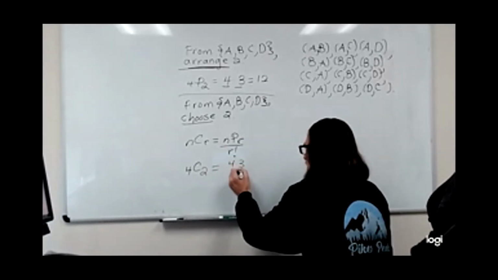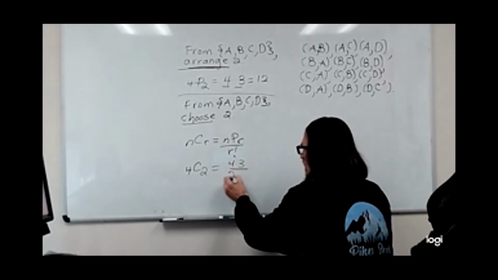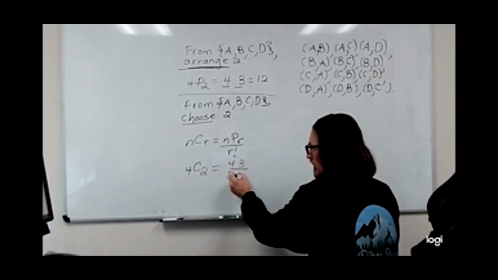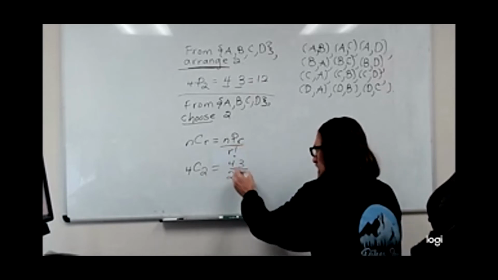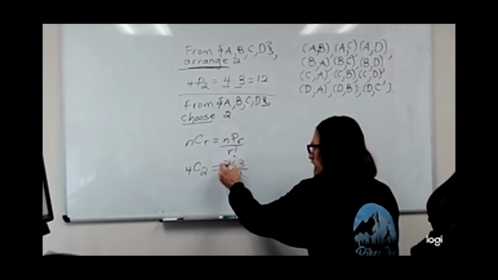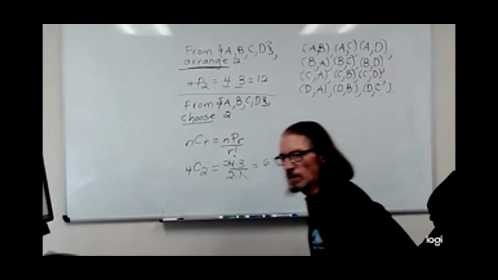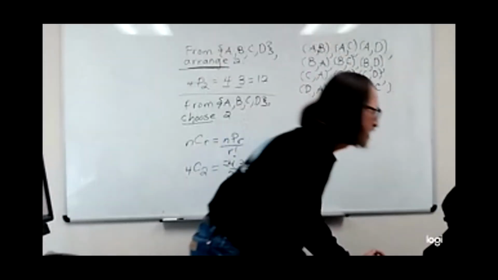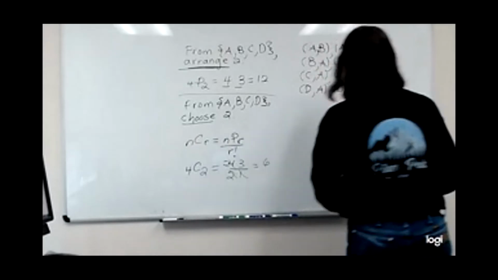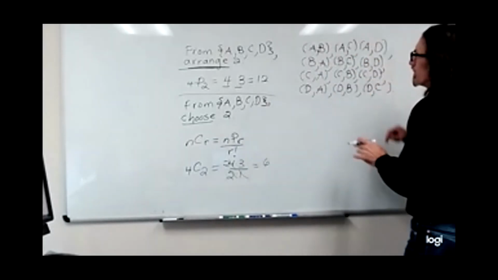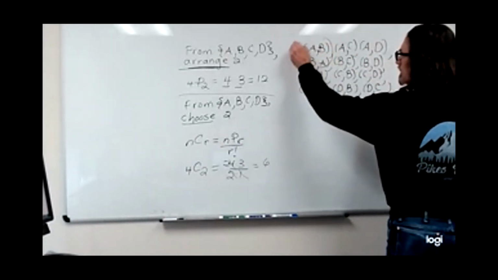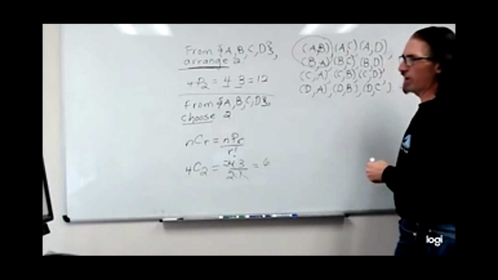We have 4 times 3 over 2 factorial, so 2 times 1. Do some reducing there. 2 times 3 is 6. Well, try to back that up. When order does not matter, those two are the same.